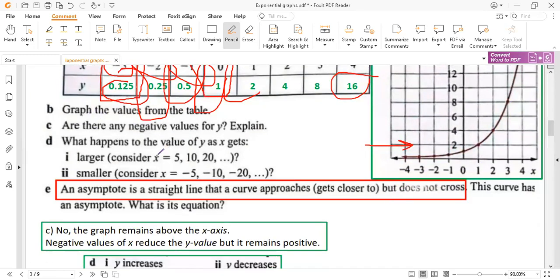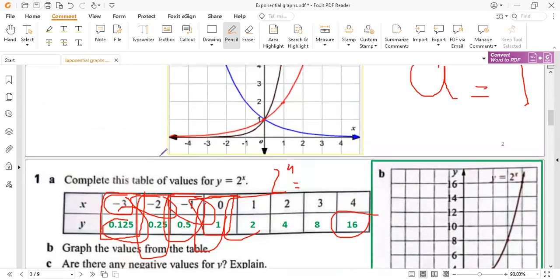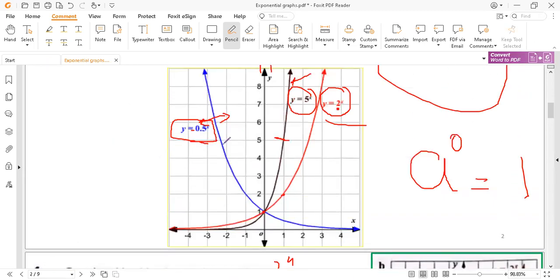Actually, I made a mistake here. Normally it is 0.5 power x, because when a is smaller than 1, we are talking about a positive a between 0 and 1, like 0.5 or 0.2.